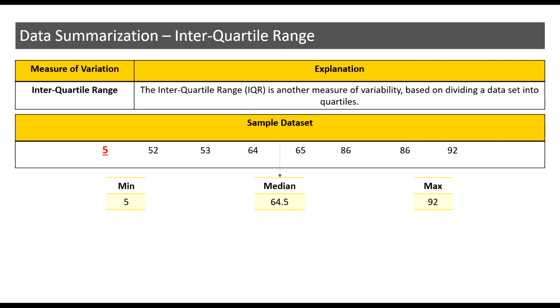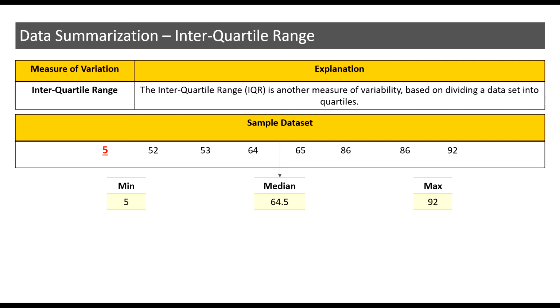Again, coming back to the sample data where we had one underperforming student that is highlighted in red, we first ensure that we arrange the marks obtained by these students in ascending order, which I have done here. We then single out the following values: the minimum value, which is naturally 5%, the median value, which, as I explained previously, is the central value.